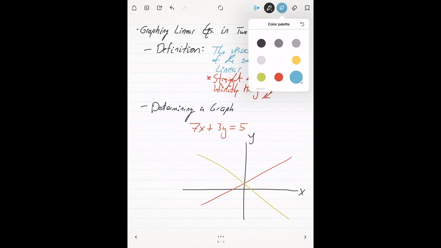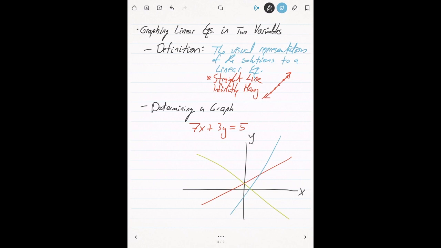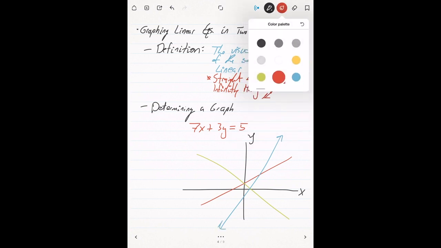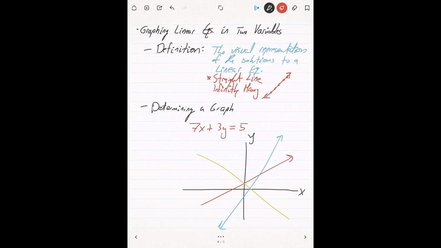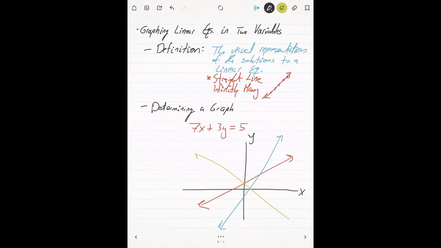Or what if we drew it like, let's say like this? Any of these lines that we drew, imagine they go on forever and ever in all different directions. They go off forever and ever to the left, to the right, up and down.